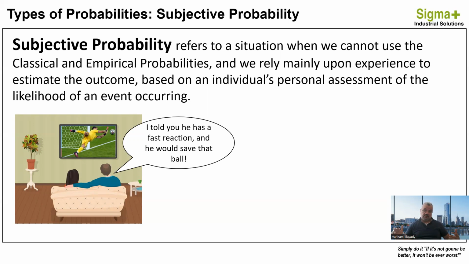He observed that this goalkeeper was playing well, and based on that, he had an impression that the goalkeeper would save the goal. Like he said, I told you he has a fast reaction and he would save that ball. So that's what we mean by subjective probability.